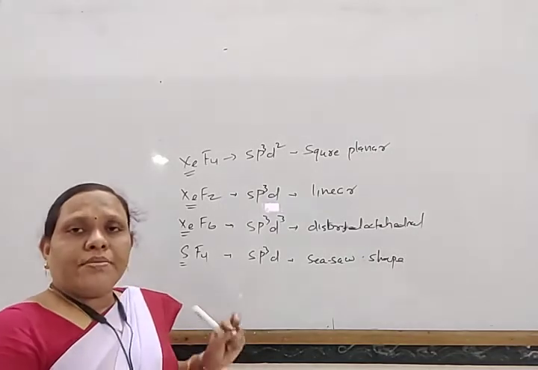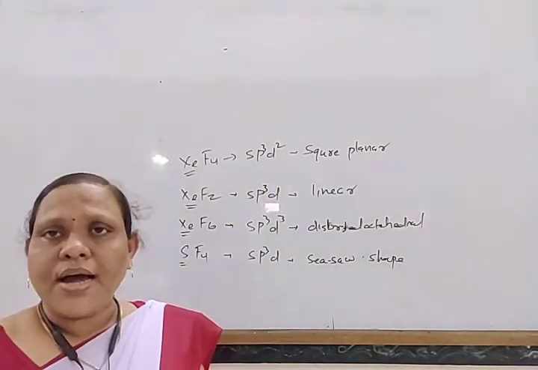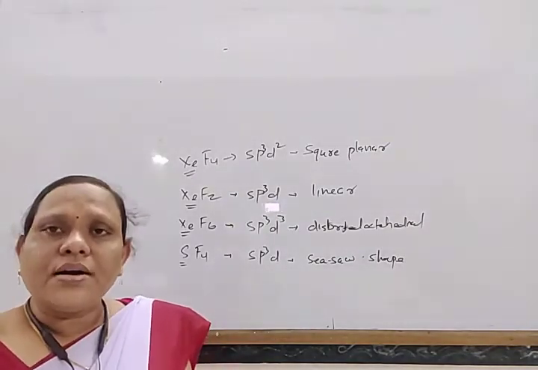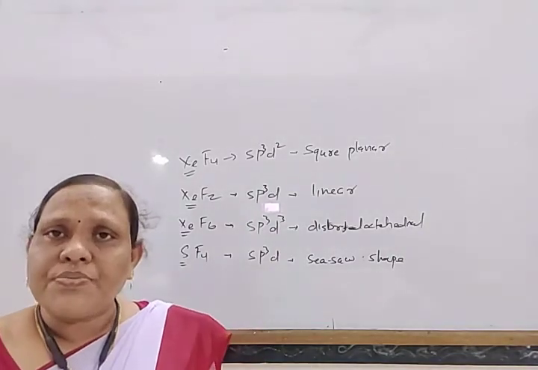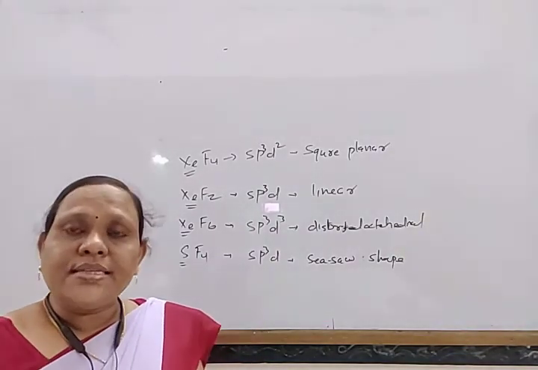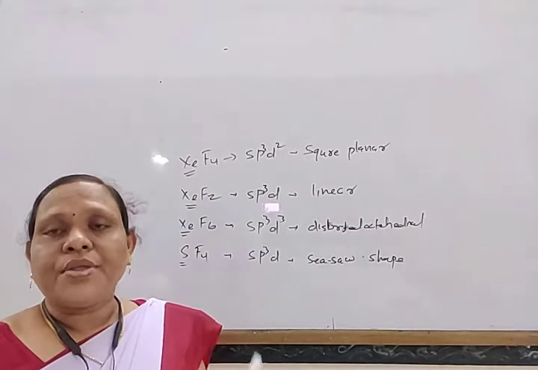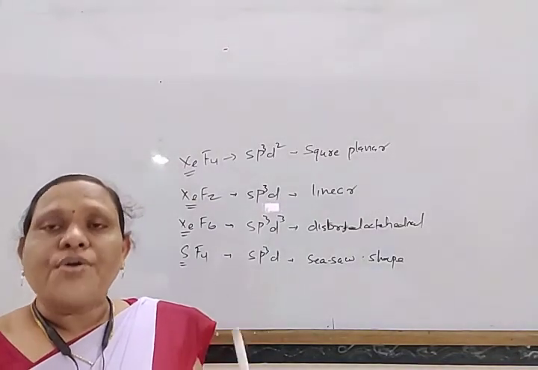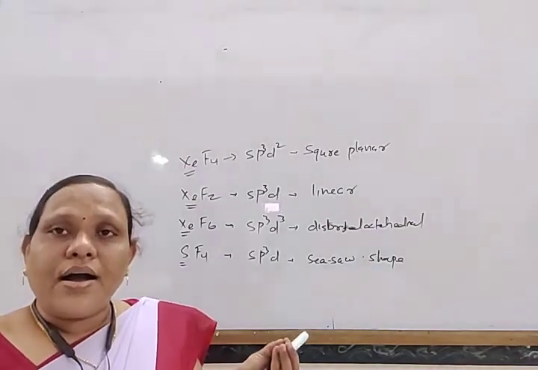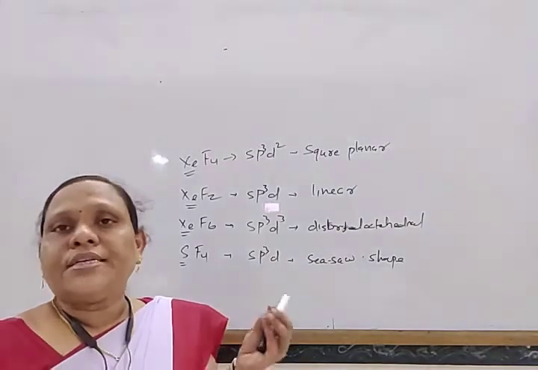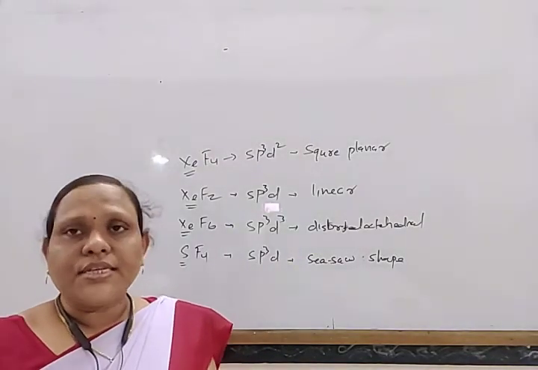So here I am going to give you another formula to find out the state of hybridization of the central atom. In this way you can easily identify the state of hybridization. First should be its expected structure and then its actual structure.